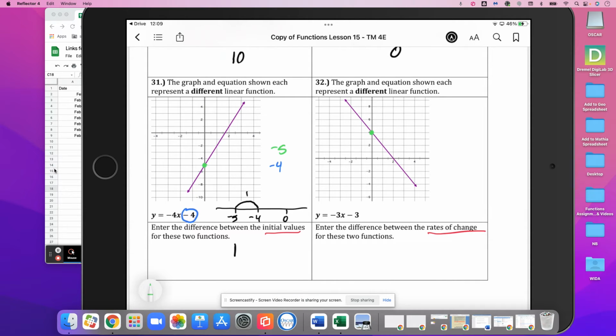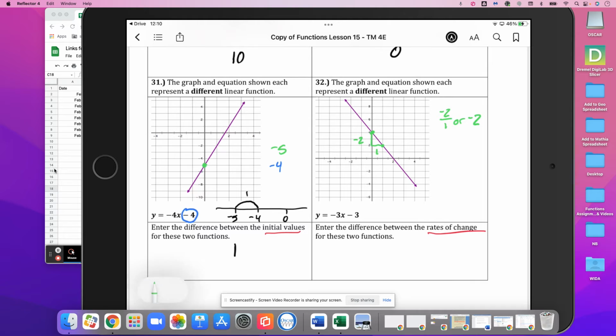On the one on the right, on number 32, our initial value for the green one is going to be 4. Oops, but it wants the rate of change. Be careful with that. So rate of change, we're going to be going from perfect corner to perfect corner. Looks like that works. So down 2 to the right 1, so negative 2 over 1, or negative 2.